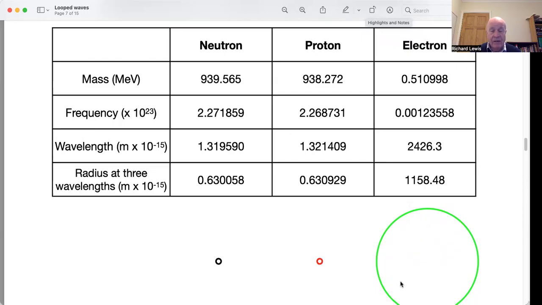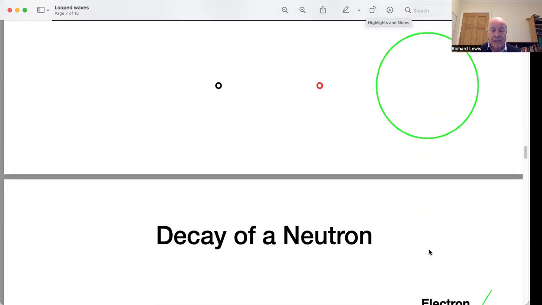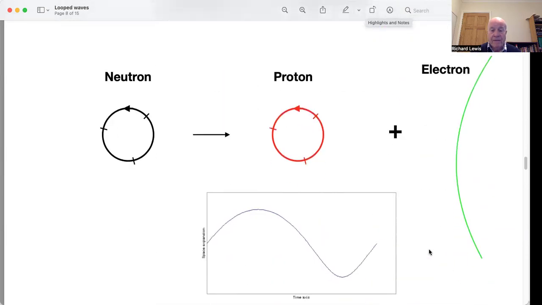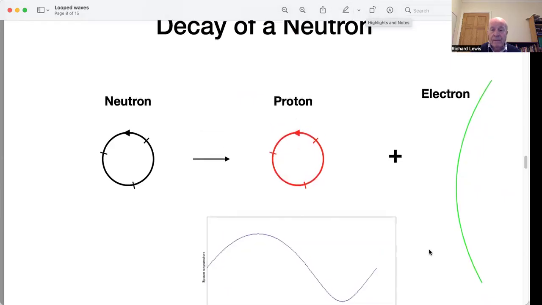This would occur immediately after the beta decay of a neutron into a proton and an electron. But we'll see that the electron can freely increase the number of wavelengths in the loop without change of energy.